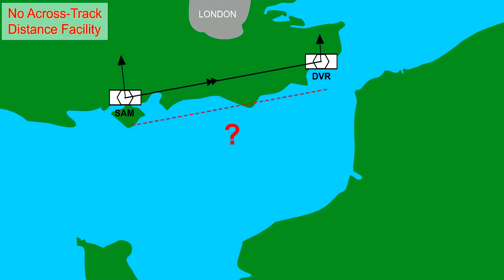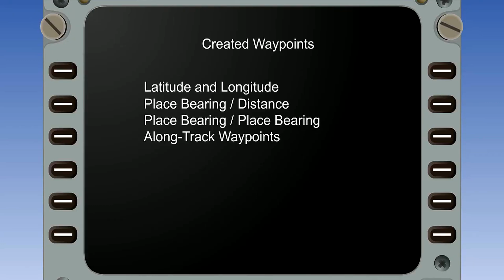But there is no across-track facility, as, again, this is not unique. It could be anywhere along the displaced track, and so is not allowable. These created waypoints are normally put into the temporary nav database and are therefore automatically erased at the end of the flight.